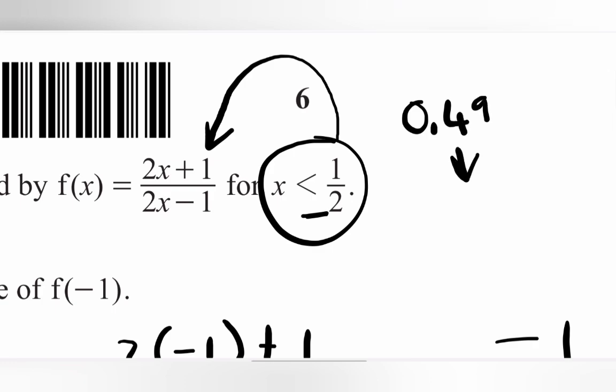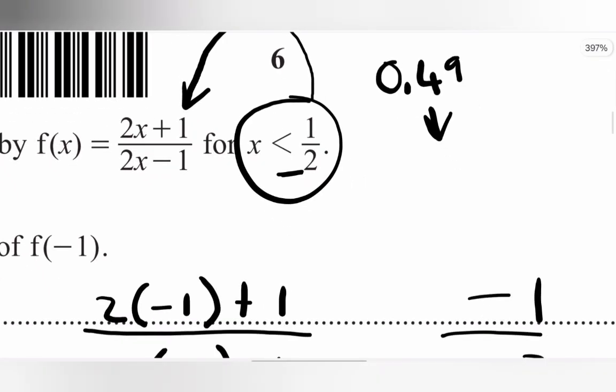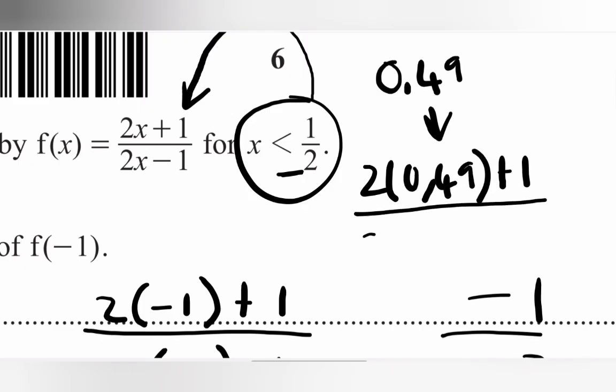0.49 going downwards. So substituting that, we get (2 times 0.49 plus 1) over (2 times 0.49 minus 1). And that gives us (2 times 0.49 plus 1) over (2 times 0.49 minus 1).